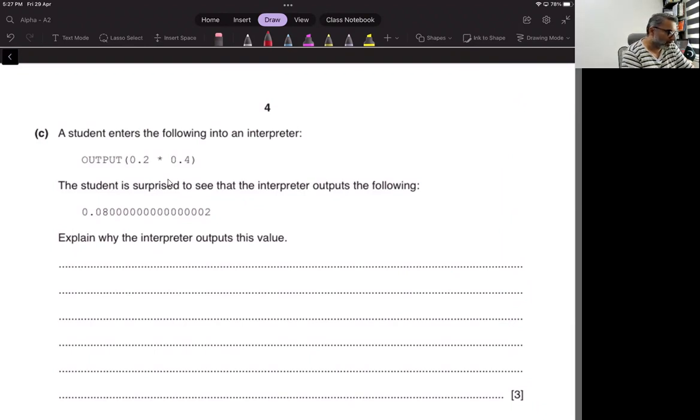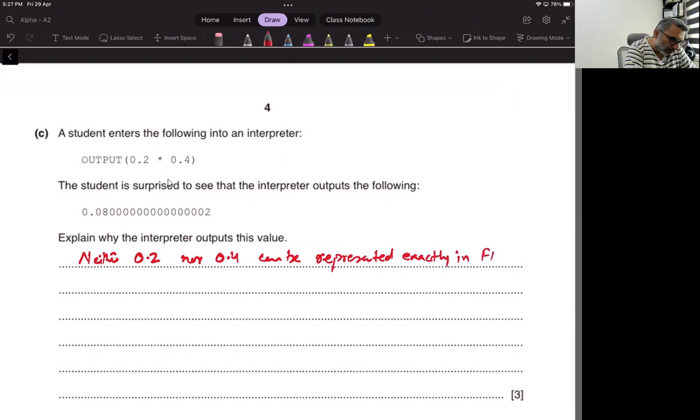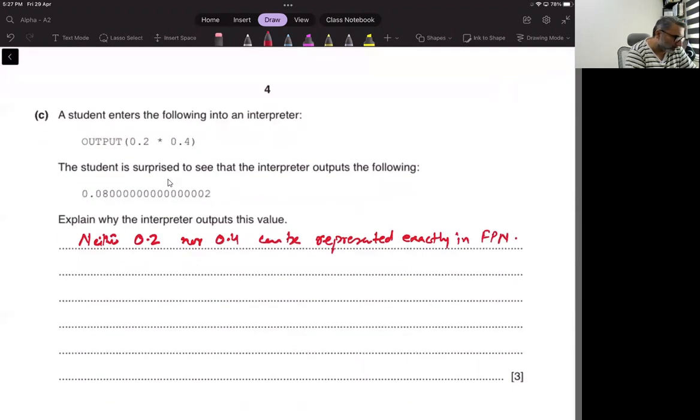Okay, so first you need to write: neither 0.2 nor 0.4 can be represented exactly in floating point numbers.